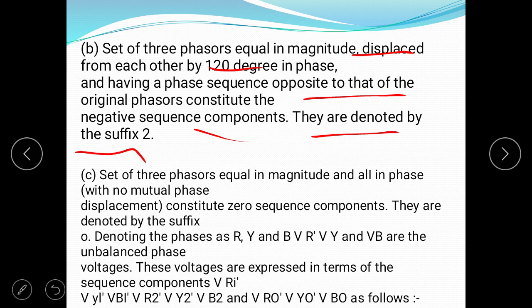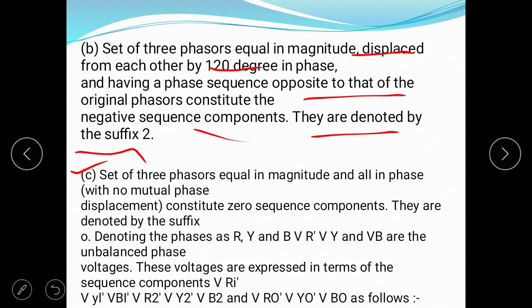It means the second set of sequence components has equal magnitude and displacement from each other by 120 degrees, but the direction of rotation is opposite to that of the original phasors, that is, opposite to the positive sequence components. So this set is named the negative sequence component, denoted by suffix 2.